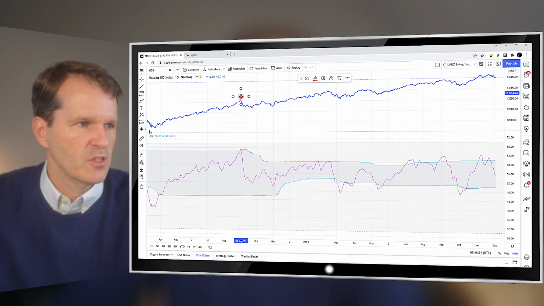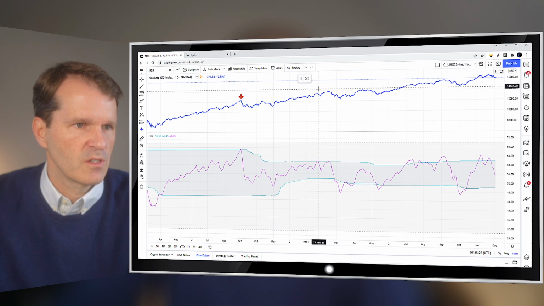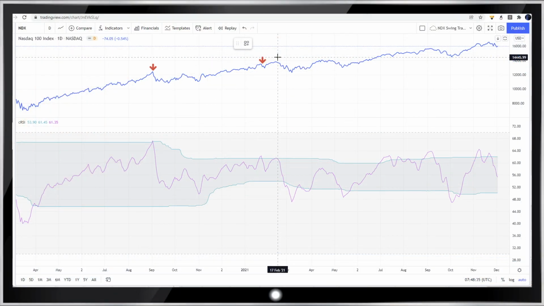I will just mark them on the chart first, and then we can talk about them. So then the next time was here. Then we have seen it, I can even make it larger so that you see.